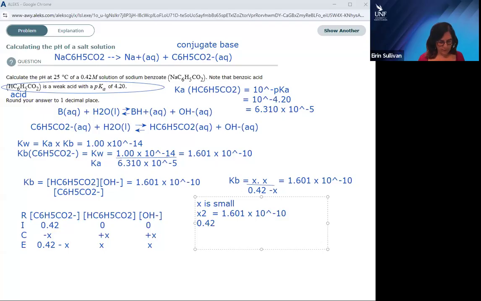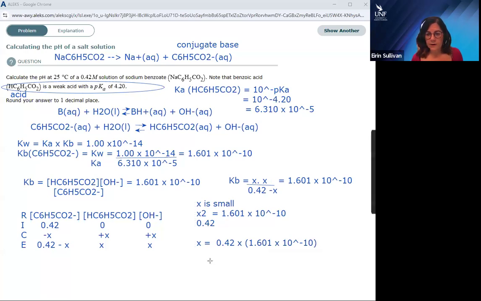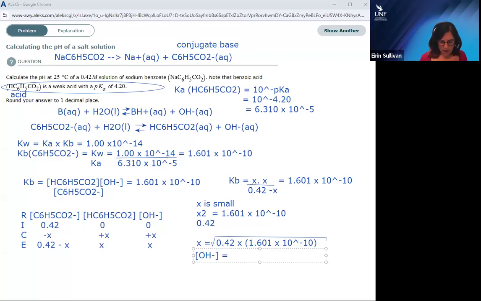Therefore, X is going to be the square root of 0.42 times 1.601 times 10 to the power of minus 10. Make it pretty. Try and draw a kind of square root thing-ish. Okay, and so X, which remember is going to give us the equilibrium concentration of hydroxide, is, I don't know, 8.2 times 10 to the power of minus 6.